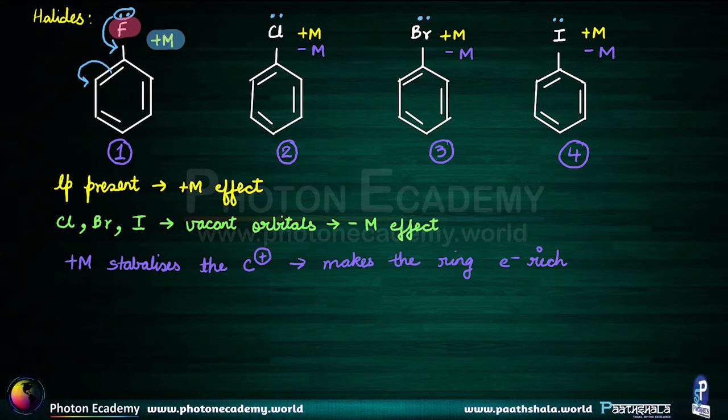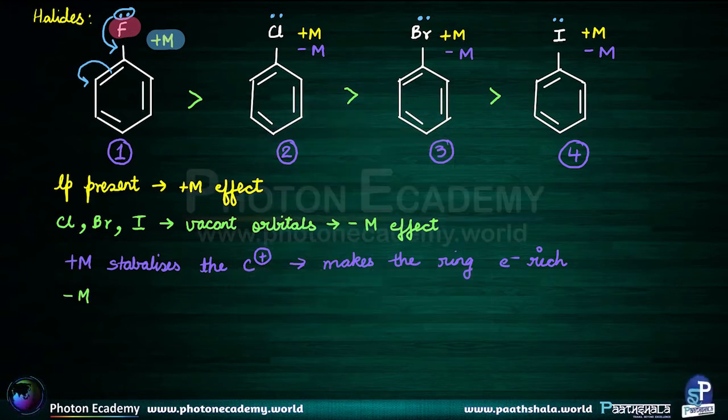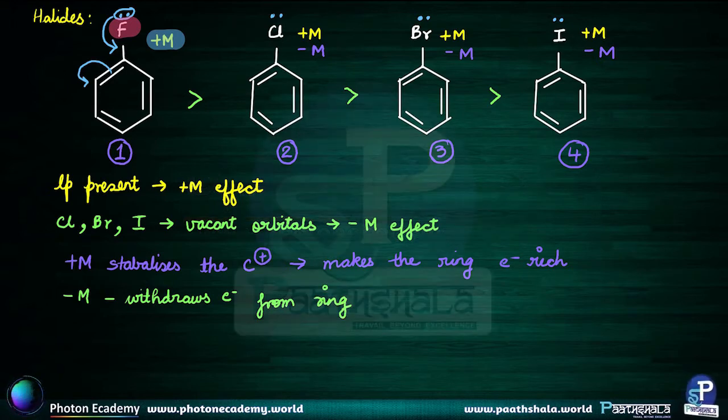Similarly, if we move from chlorine to bromine to iodine, the electron density in the ring goes in this order, because the minus M tends to withdraw electrons from the ring. All these three will withdraw electrons from the ring; chlorine will withdraw the least, whereas iodine the most.